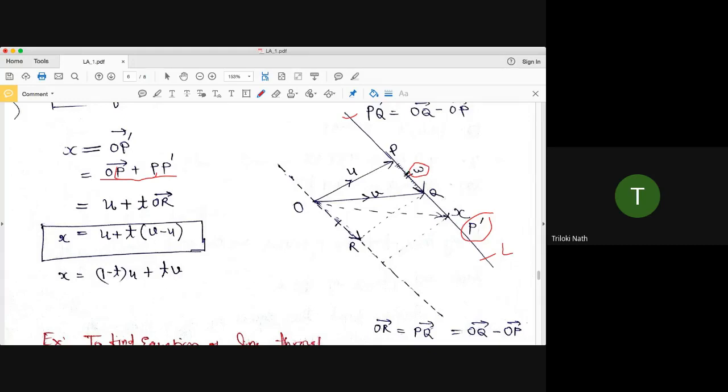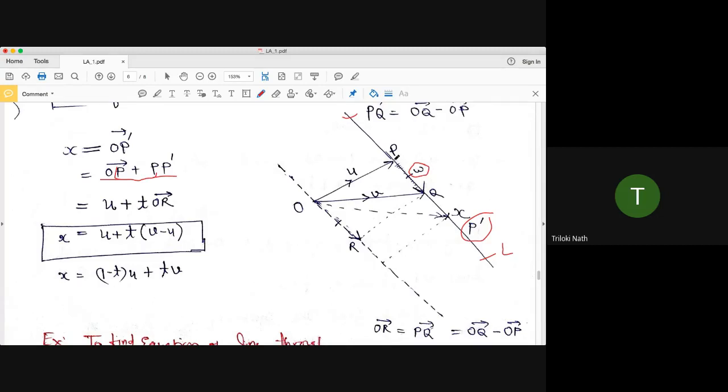For example, if this length is 1, then this length is 1, so it is twice the vector PQ. So this vector PP dash in magnitude is bigger than PQ, that is, bigger than W, so you have to multiply by a scalar bigger than 1. So here T is bigger than 1. T is an appropriate scalar.